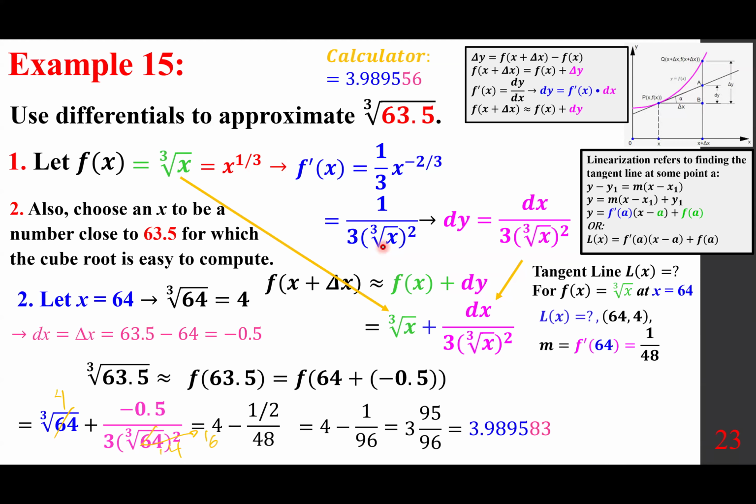So one more time, 64 goes into the function, gives you the pair. 64 goes into the f prime of x, gives you the slope. Y minus 4 equals 1 over 48 times x minus 64. And I'm going to leave it for you to finish the job. Y, also known as L of x, is 1 over 48x plus 8/3.